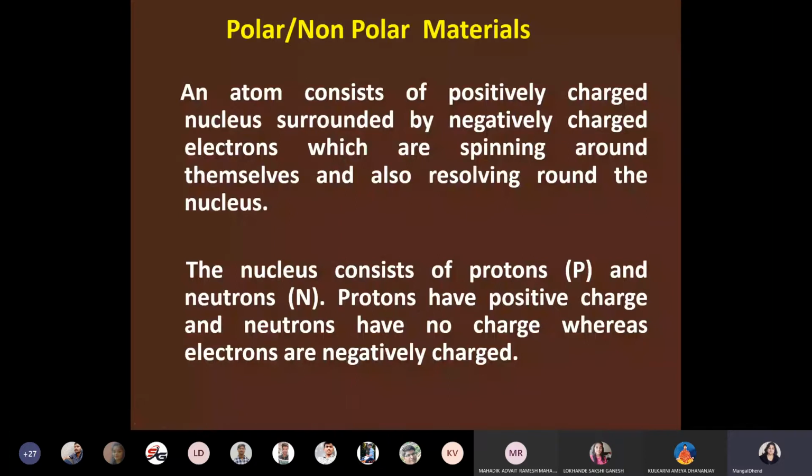So in the last session I told you, when we consider atomic structure, an atom consists of a positive charge nucleus. Here I have just written in text what I told you in the last lecture.